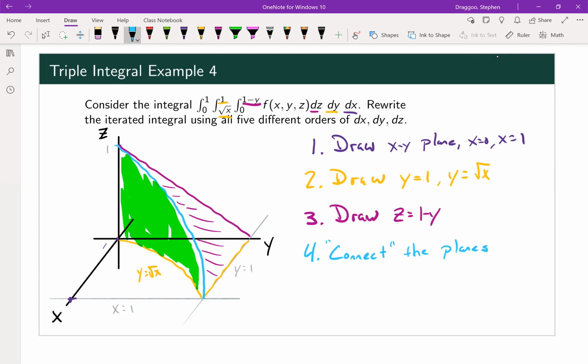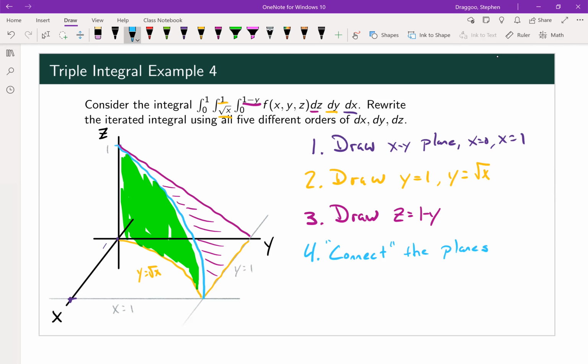Okay, so what's next? Now that we have our 3D shape, we're going to need to look at projections of this shape into each of the other 3 coordinate planes. The easiest one to do is going to be to switch the order of the outer 2 most integrals while leaving the inside one the same.